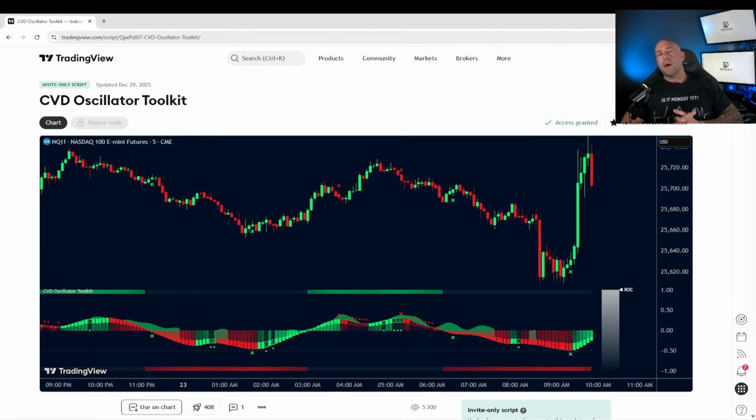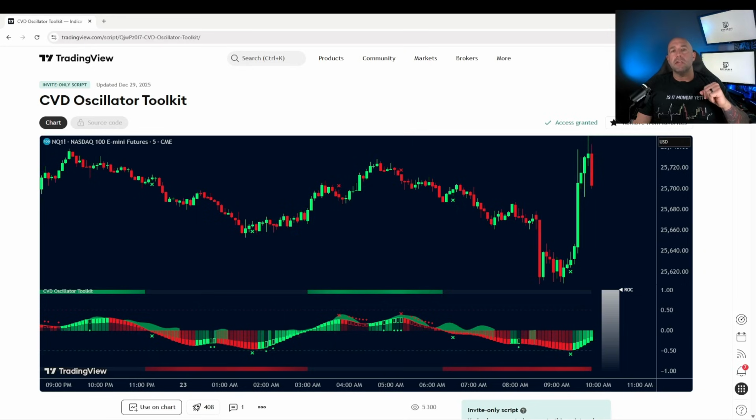Lastly, I want to talk about the uniqueness of this tool. The CVD Oscillator Toolkit focuses on identifying volume-driven behavior rather than simply plotting cumulative volume. In addition to normalized CVD, it highlights absorption candles, directional divergences, directional anchor price levels, and a rate of change momentum meter that tracks acceleration and deceleration in volume pressure.